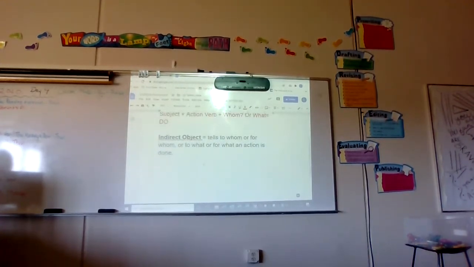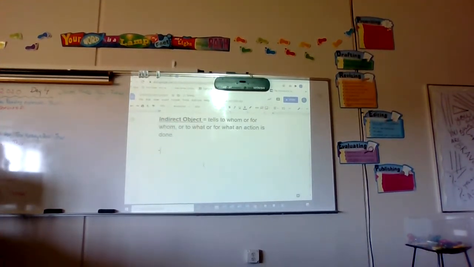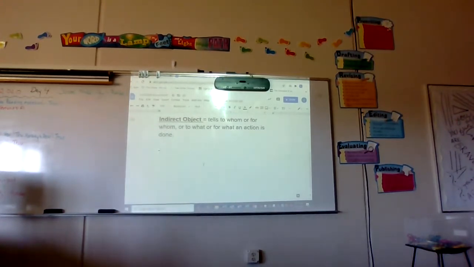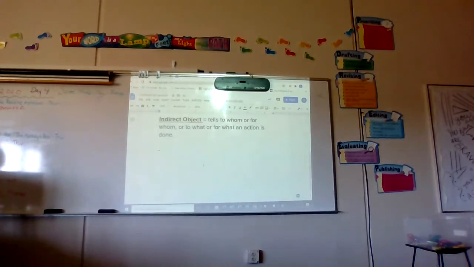Okay, so some other things about an indirect object. You cannot have an indirect object in a sentence without a direct object. You must have a direct object in the sentence in order to have an indirect object.